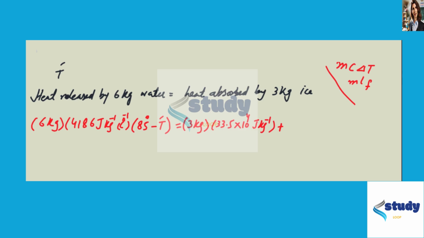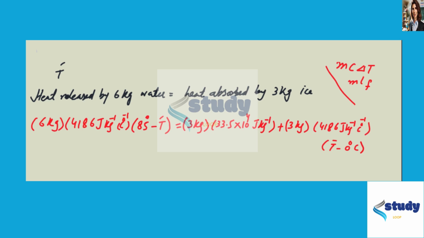Here m is 3 kg, into the value of c, which is 4186 joule per kg per degree centigrade, into the change in temperature. Here the final temperature is T prime, and the initial temperature of water is 0 degree Celsius.